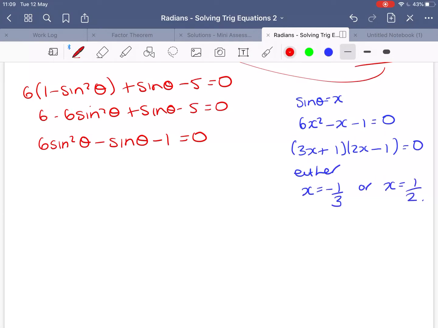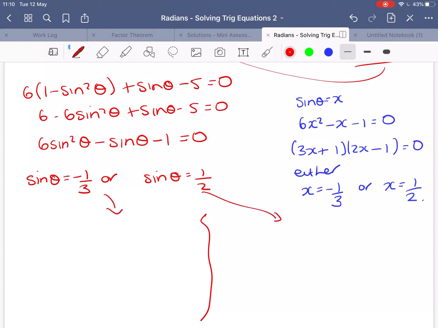So coming back to my sine equation, that would mean either sine theta equals minus 1/3 or sine theta equals a half. Using my calculator, I do inverse sine of minus 1/3. I'm going to split my page and put that one over there and this one over here.